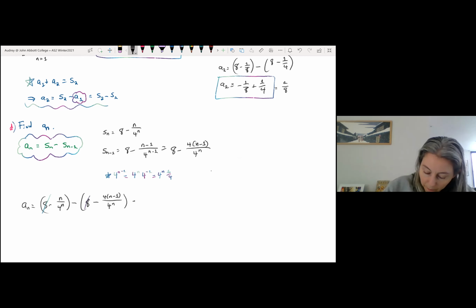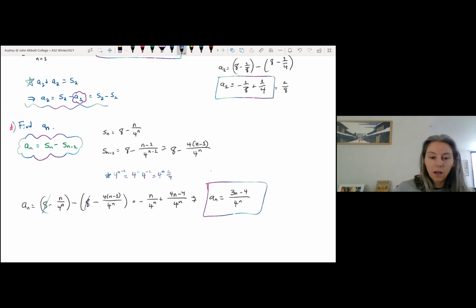And I end up with minus n over 4 to the n plus 4n minus 4 over 4 to the n. And I can see that this is equal to 3n minus 4 over 4 to the n. And that is my a sub n.